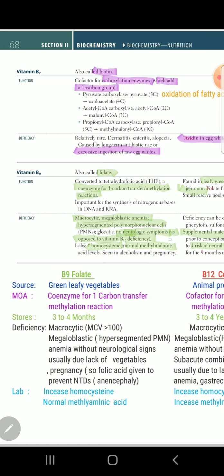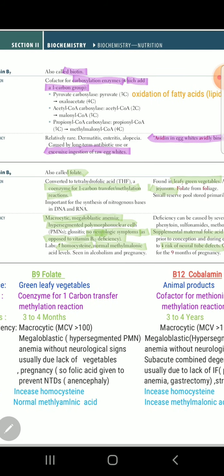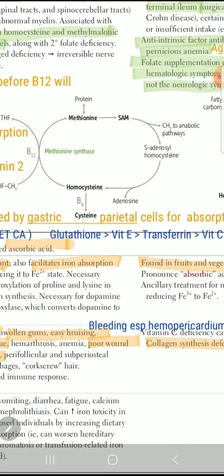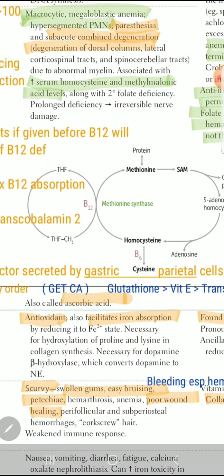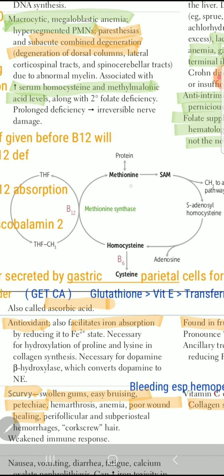B9 and B12 should be discussed together because both are related to one mechanism that is discussed here in B12, that is methionine. Adenosine is formed in the end, homocysteine to methionine in metabolism, and tetrahydrofolate is folic acid that transfers the CH3, and B12 is acting as a cofactor here.